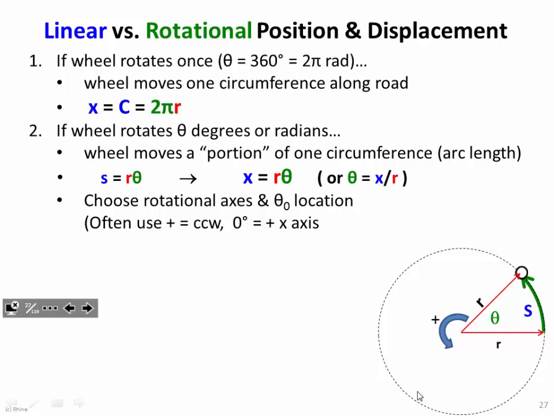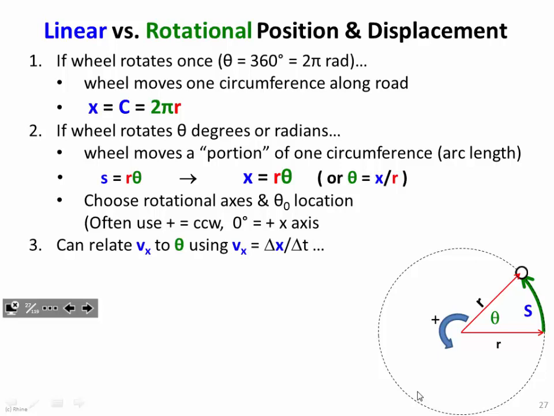So on this one, we use counterclockwise. 0 degrees in math class, you would use as the positive x-axis. But once again, I could define 0 anywhere I want to. I could say 10 o'clock on the clock is my initial position, my 0 position. That's just an arbitrary point you're picking as your initial position.